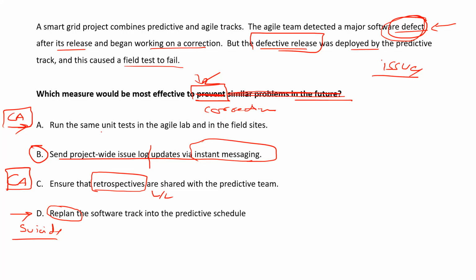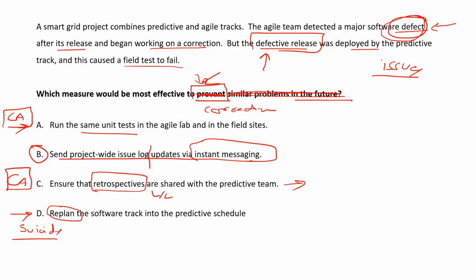Huh? Same test, which means you will do a wrong test, right? Option C. This will happen after the iteration, while the defect has just come in the performance. So the answer is not here for the corrective action.